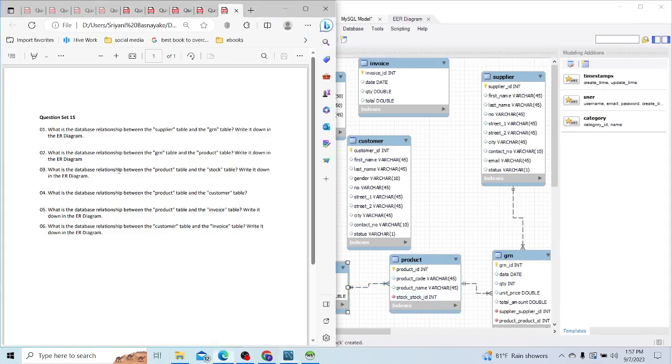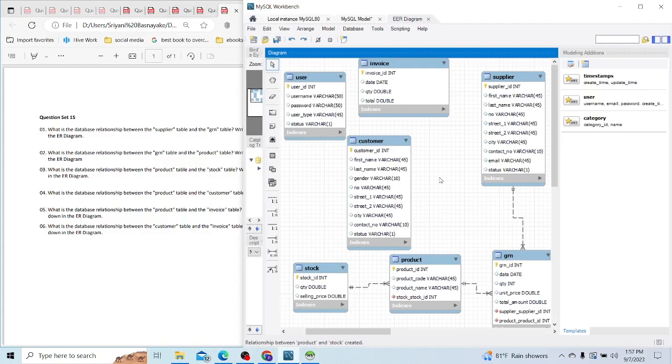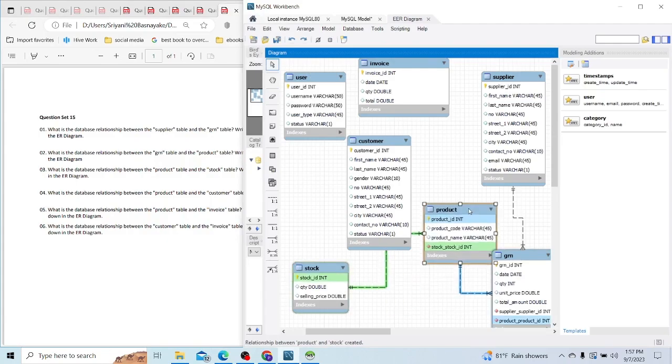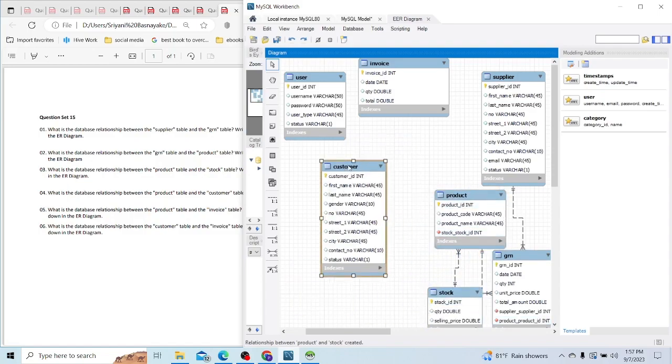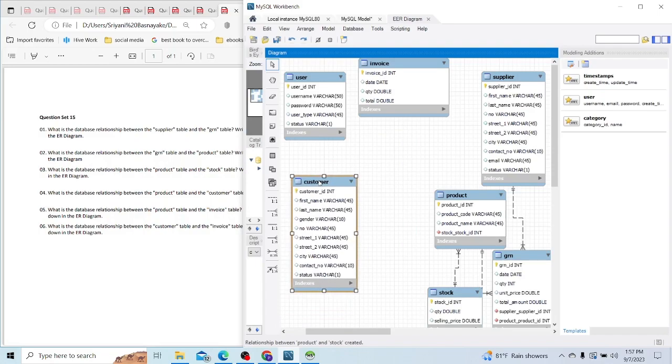So the next question is, what is the database relationship between product table and customer table? That's an interesting one. If we take product table here and customer table here, the customer can have multiple products and the product can be sold to multiple customers. That means it has a many-to-many relationship.